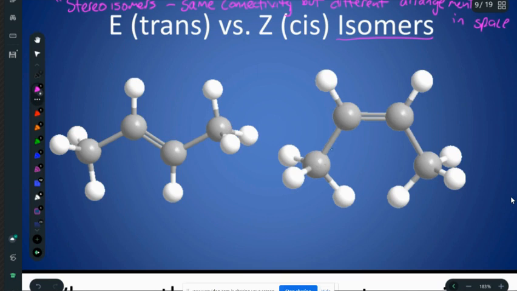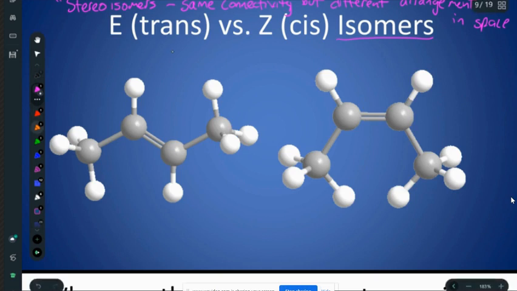It's going to tell you, I'm bonded to the same four things or the same three things as the corresponding atom in the other molecule would. They both have CH3 bonded to a CH, bonded to a CH, bonded to a CH3. The only difference is how they're arranged in space. And so we want a way to distinguish between these.